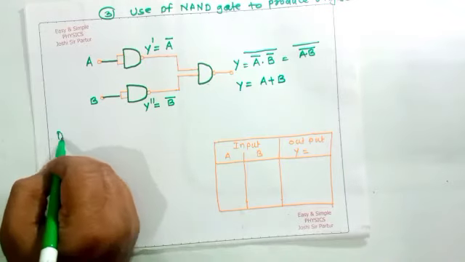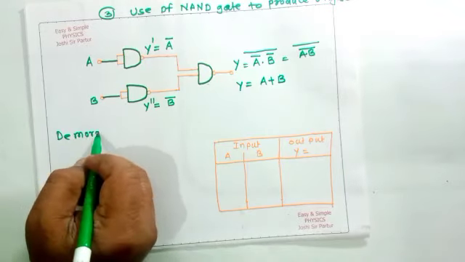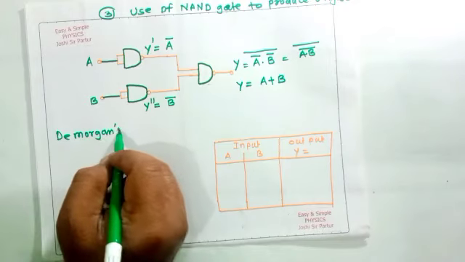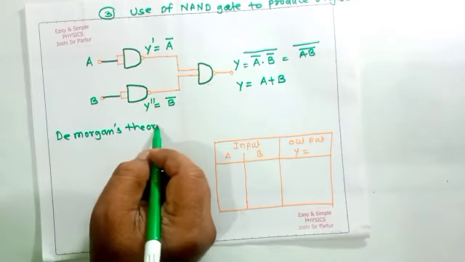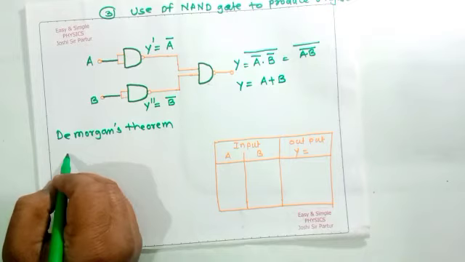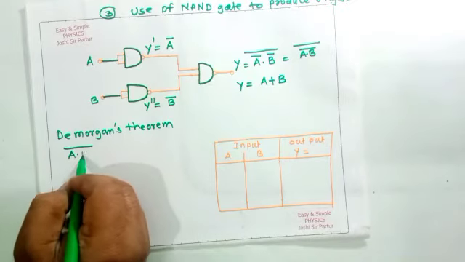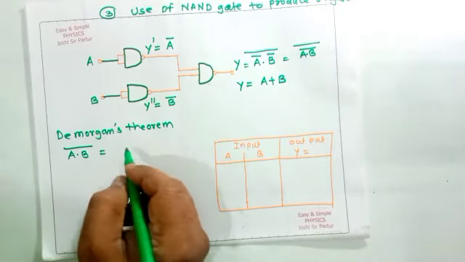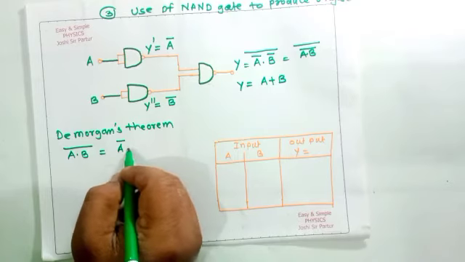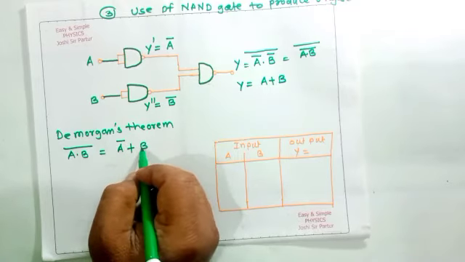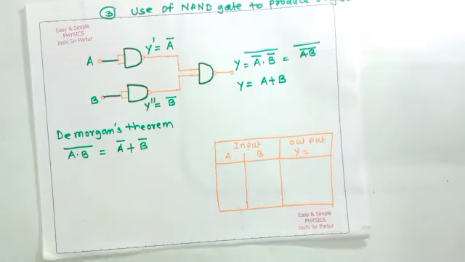Using De Morgan's theorem, complement of (A and B) is equal to complement A or complement B. Using this theorem, complement of complement of (A or B) will be A or B.